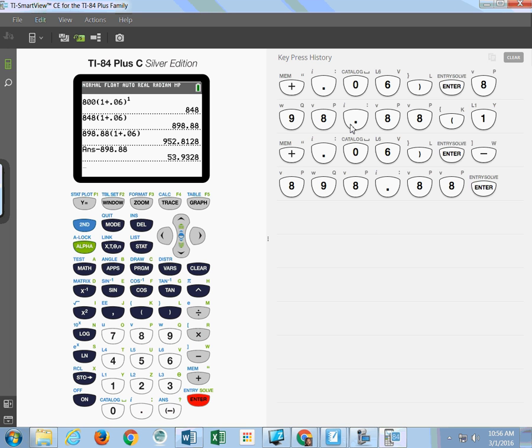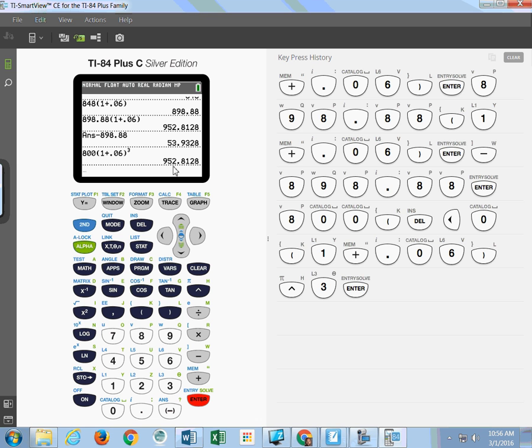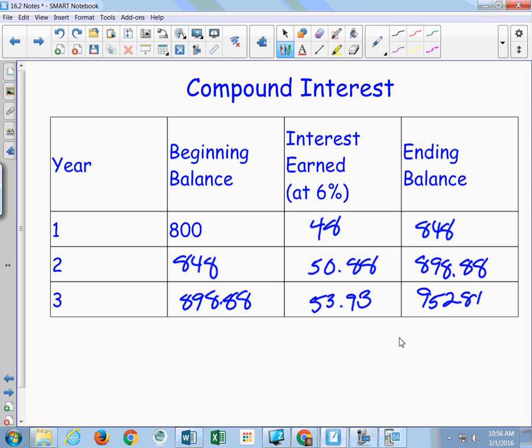So I would say 800, open parenthesis, 1 plus 0.06, close parenthesis, rooftop, 3 years for time, hit enter. You can see that it's just giving us an account balance using this formula. A little different than the simple interest rate.